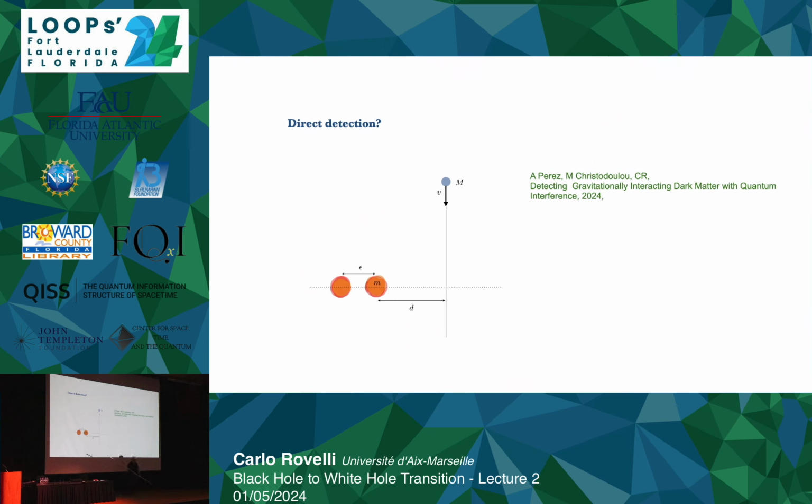This was inspired by the tabletop experiments of quantum gravity that raised a lot of interest in the last years. So the theoretical idea is the following. Take a quantum particle and split it in two components. Take a particle, say a particle with spin, and split it with Stern-Gerlach into two components.